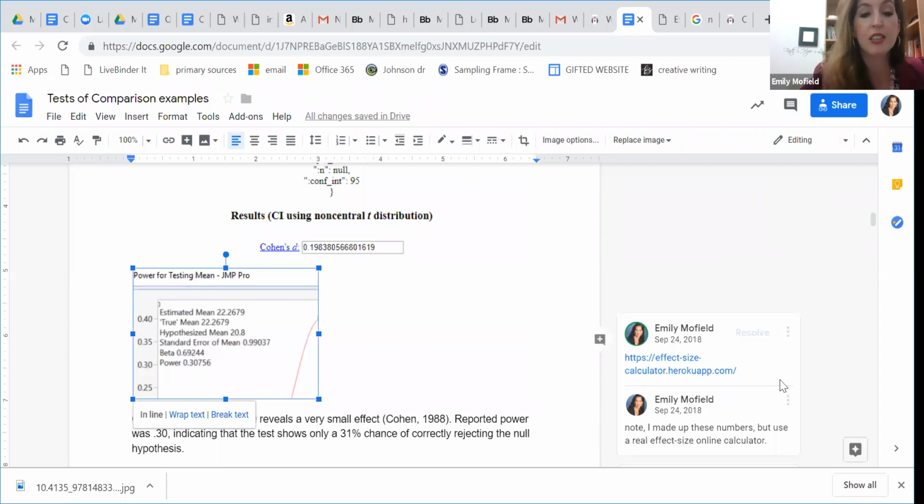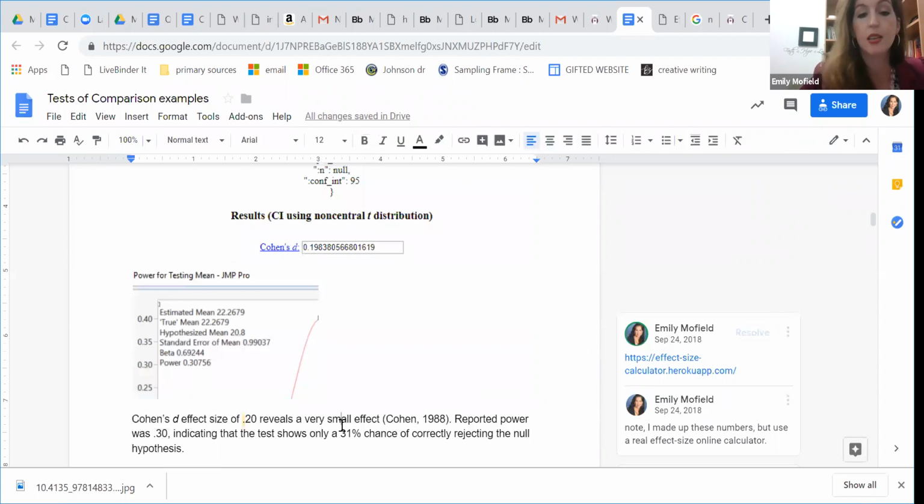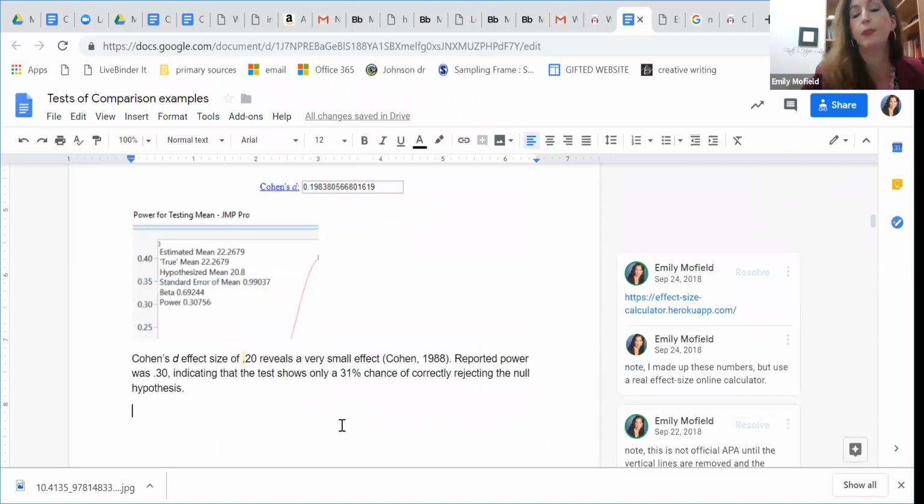Now, how do I know that it's small? Because I've read in my statistics Hatcher book, he has it on a specific page, and I look it up in there. It tells me it's small. Then I will report the power. And so when I look at power on JMP, it says the power is 0.31. Okay, so I'm going to round that up, 0.31.